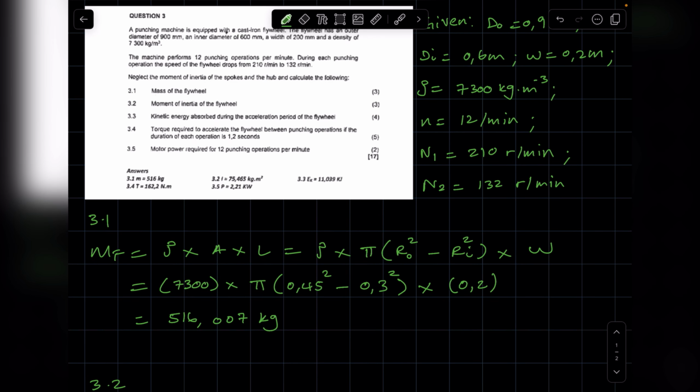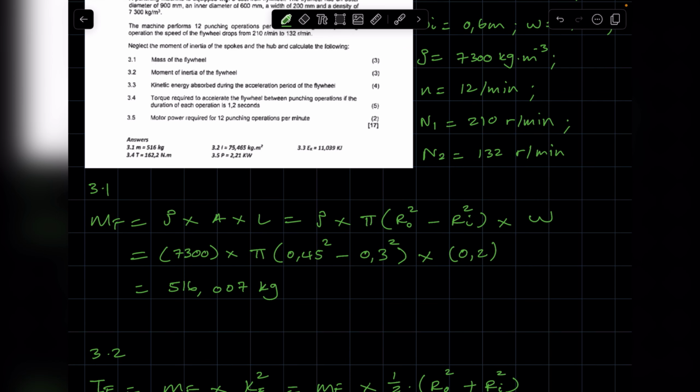3.4. Calculate the torque required to accelerate the flywheel between punching operations if the duration of each operation is 1,2 seconds. Now they are saying we must calculate the torque required to accelerate the flywheel, if the duration of each punching operation is 1,2 seconds. Essentially what they've done here is give us T1.